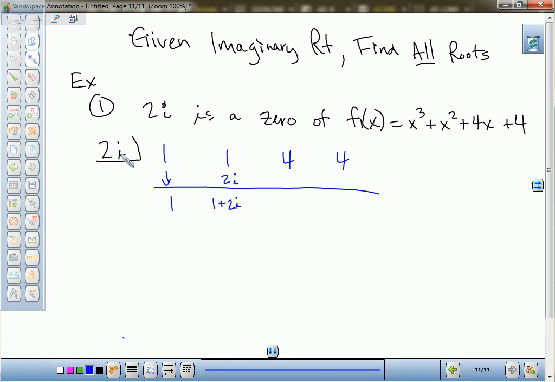So, now we have to do this 2i times the 1 plus 2i. So when we distribute here, we get 2i plus 4i squared. But guys, what is i squared? Negative 1. So this really changes this to a negative 4 plus 2i.